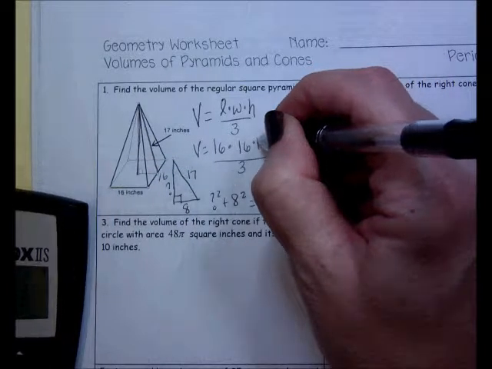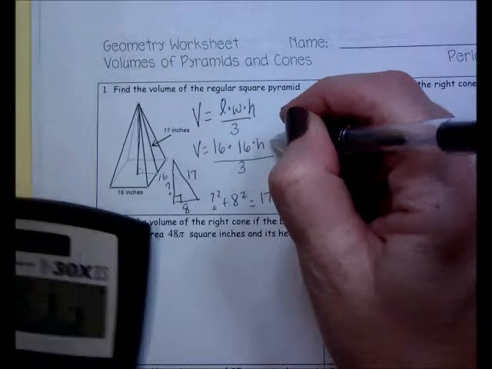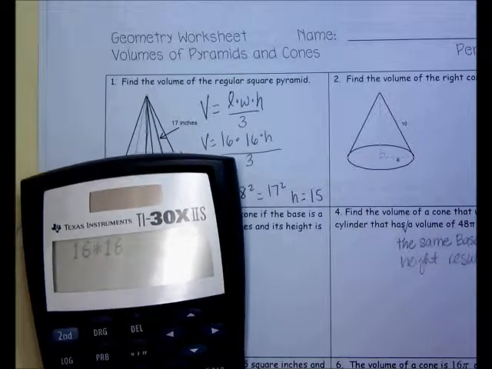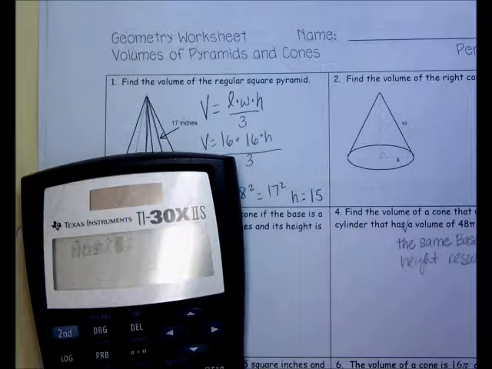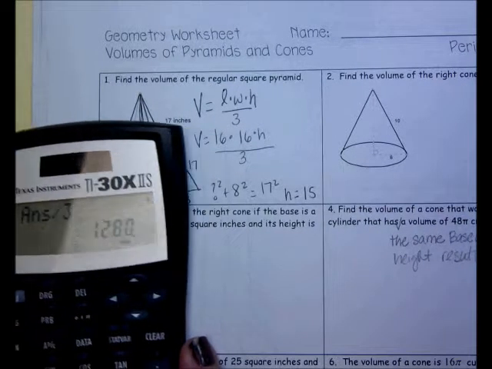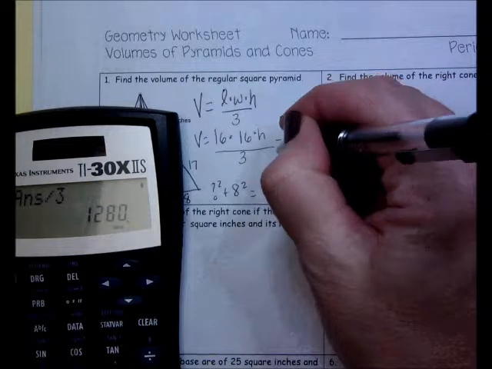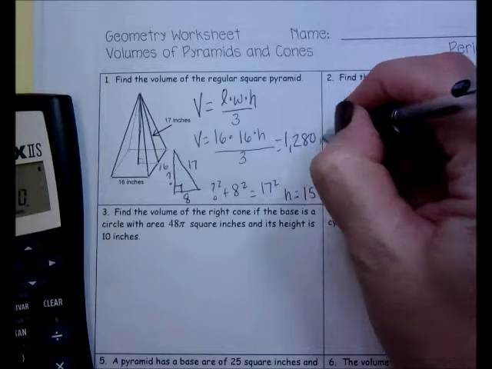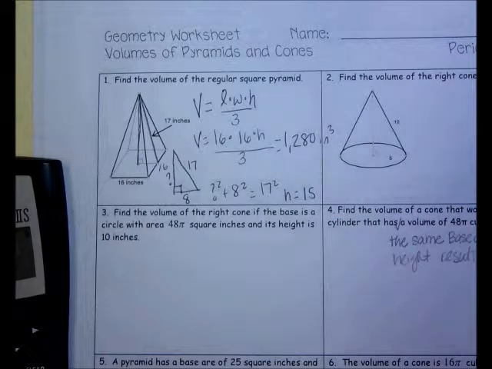So then I go back up here and I plug in 15, and so it's 16 times 16 times 15 divided by 3. So my answer is 1,280, and that would be inches cubed. So you kind of do that the same way.